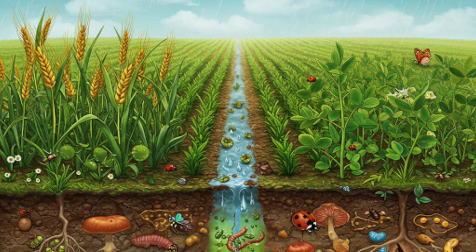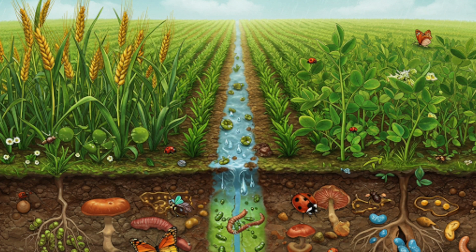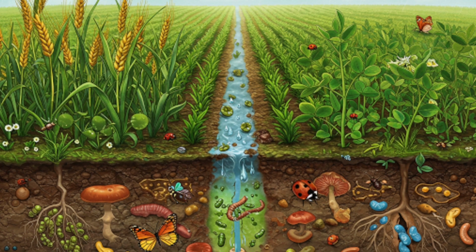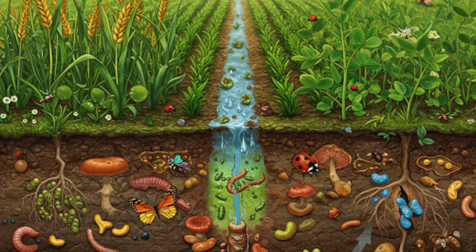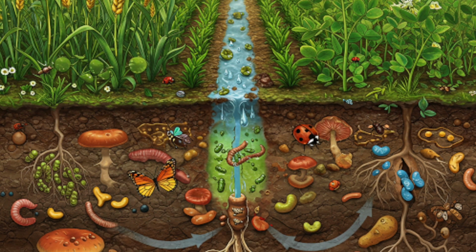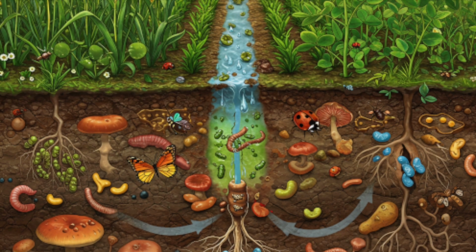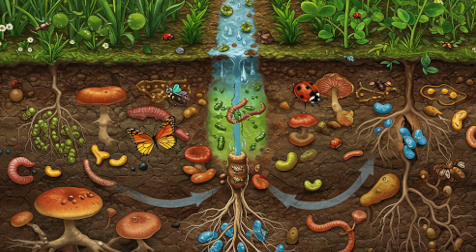And what about water? Monocultures guzzle water like there's no tomorrow. They leave the soil bare and exposed, leading to erosion and runoff. Agroforestry? We're talking about water retention, about creating shade, about building resilience.